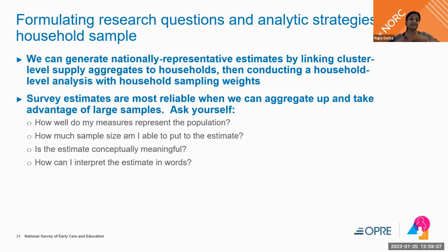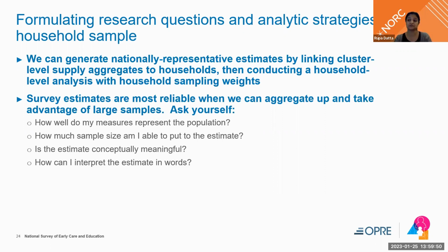If you aggregate across a lot of clusters, you'll get a good estimate of households with infants where the parents work night hours. But it's unlikely that those households accurately represent the diversity of other households in their community when we have very small numbers. So we always want to be thinking about if I'm choosing this as my representative of the cluster or the county or the state, how well does the measure I've chosen actually represent what's happening at that geography?